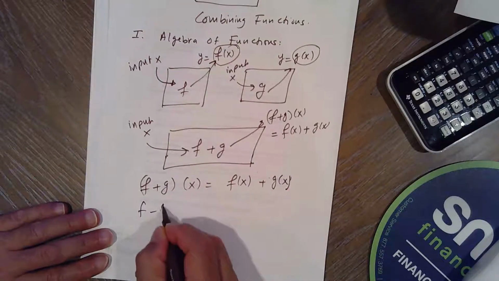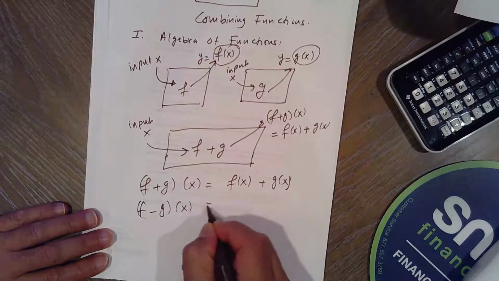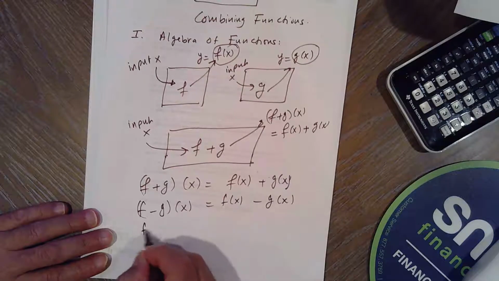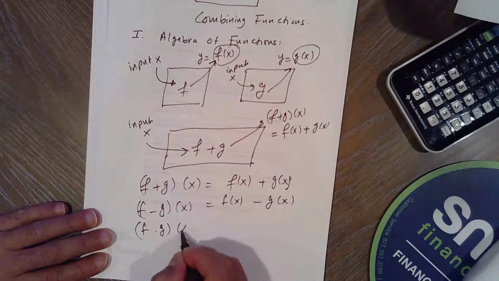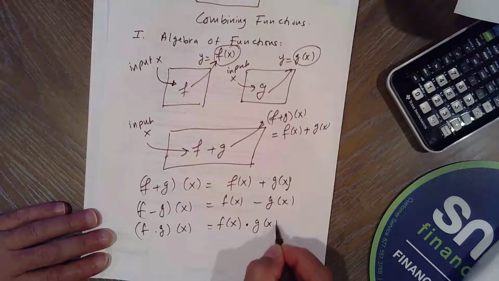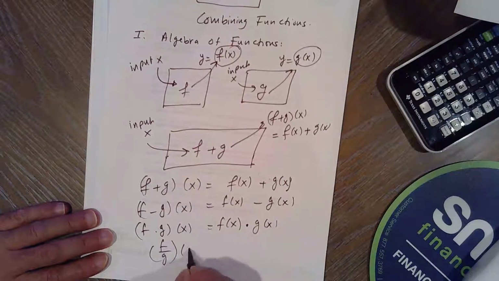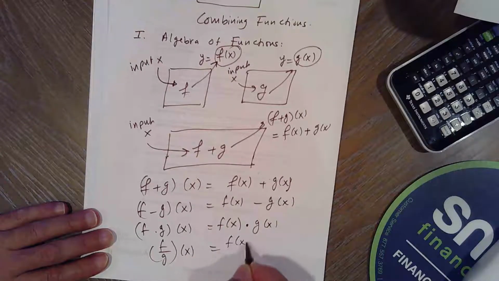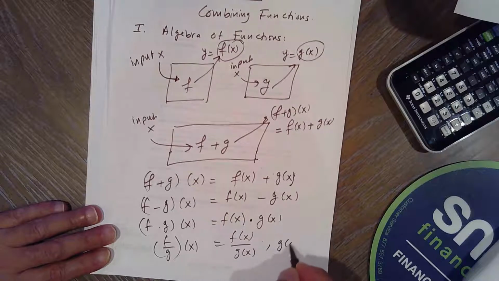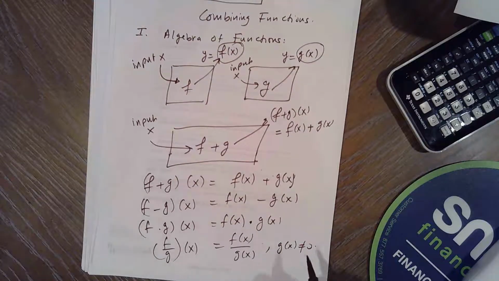And if it was f minus g of x, common sense says it's f of x minus g of x. f times g of x is f of x times g of x. f over g of x is f of x over g of x, as long as you don't divide by 0.